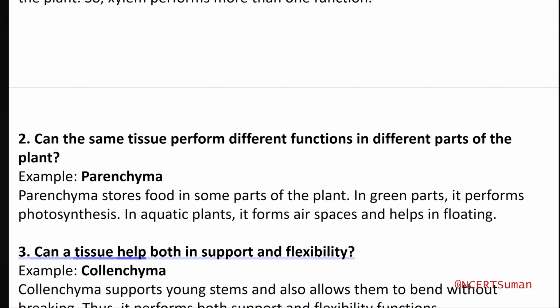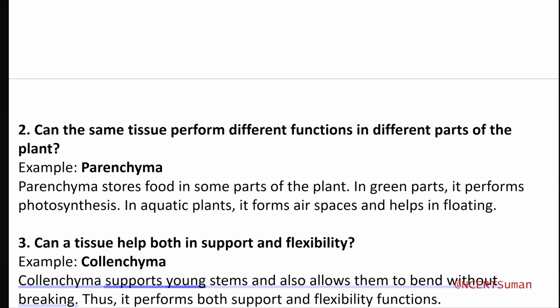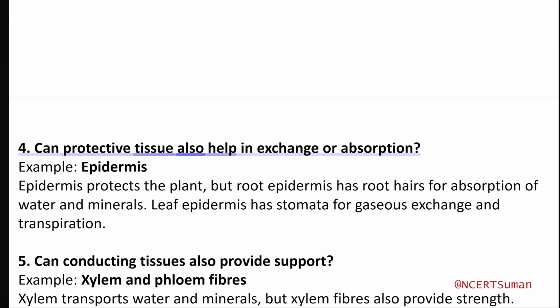3. Can a tissue help both in support and flexibility? Example: parenchyma. Parenchyma supports young stems and also allows them to bend without breaking. Thus, it performs both support and flexibility functions. 4. Can protective tissue also help in exchange or absorption? Example: epidermis.